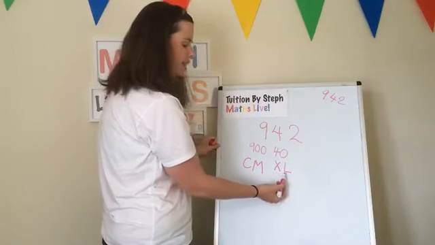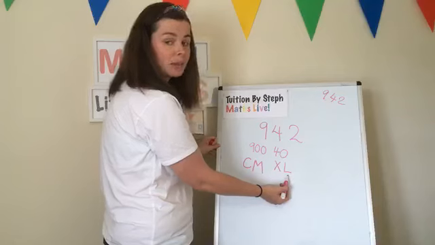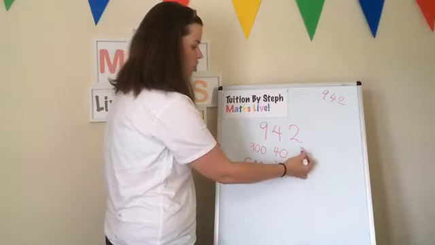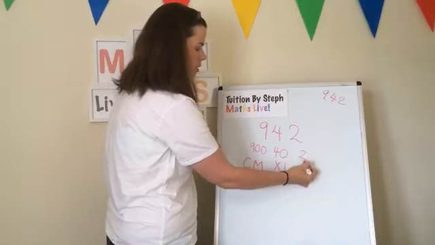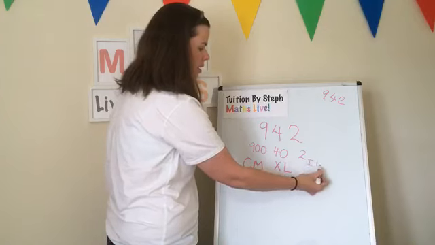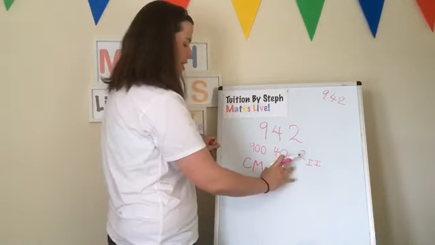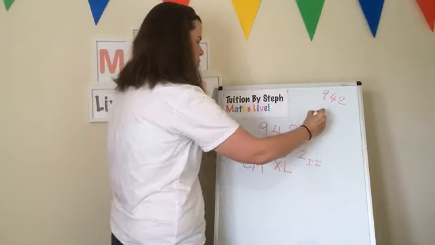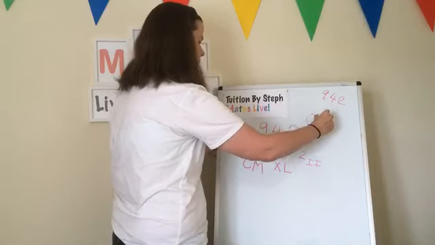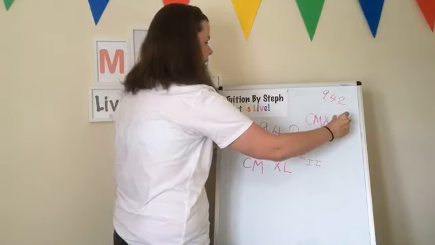Okay, 10 less than 50, because L means 50. And then 2, we know, is I. So blending that together, 942 is C, M, X, L, I.